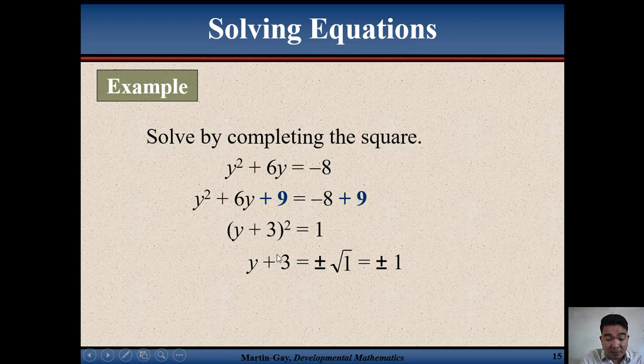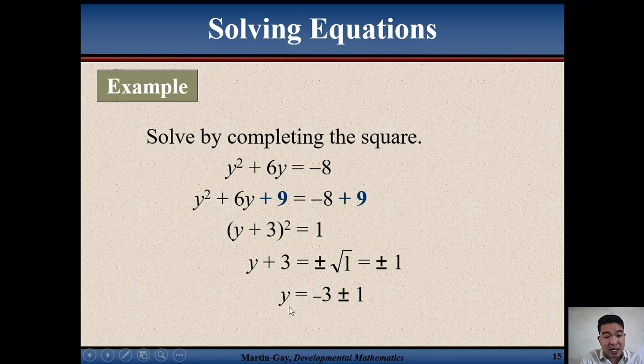And then by the addition property of equality, to remove positive 3 at the left side of the equation, we add negative 3 to left and right. Or we simply transpose positive 3 and it will become negative 3.